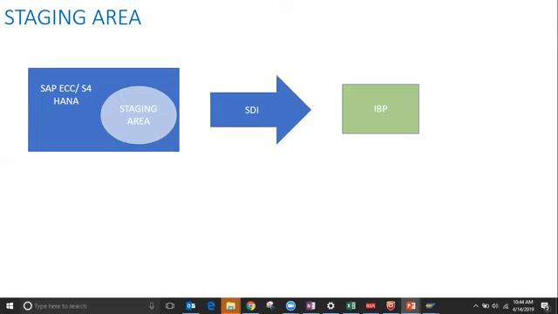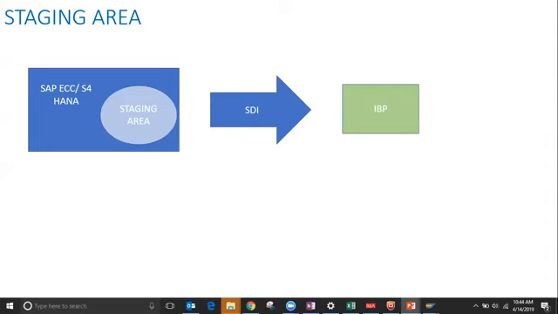But to transfer that staging area data to IBP, we have to schedule an inbound job. Through that inbound job, whatever data was there in the staging area, we can pull into IBP. This is the meaning of near real-time data integration.